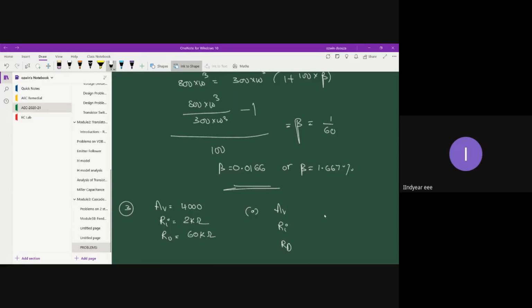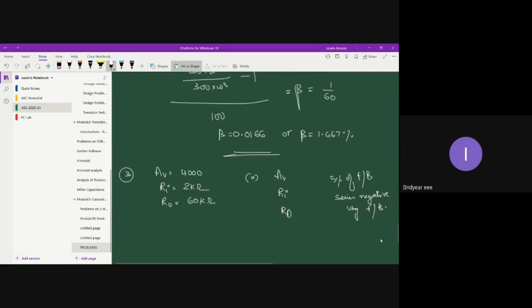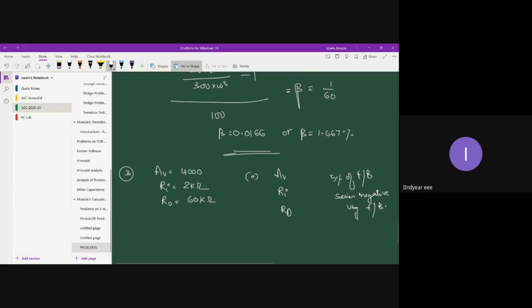If 5% of the feedback is fed in the form of series negative voltage feedback, then for this series negative feedback of 5%, you need to determine AV, RI, and R0.